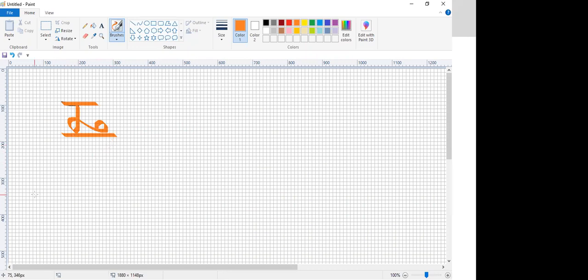Then the last alphabet, the third order. So how is this written in Sharda Lipi? How is it written?